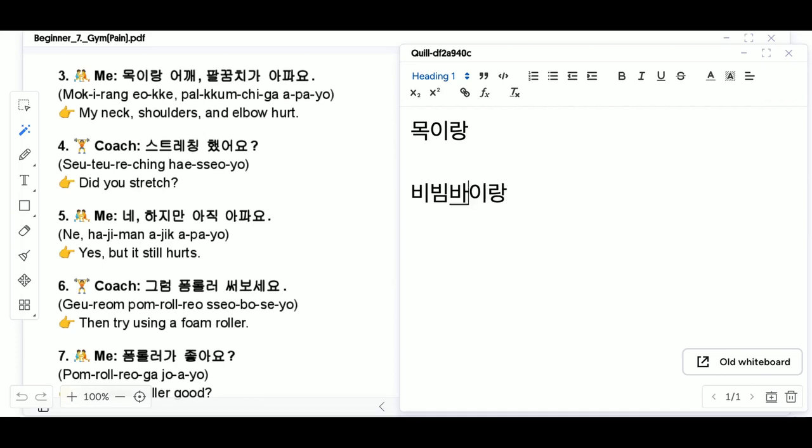But if it's a word like ice cream, then 아이스크림이랑 instead. Yeah, great. Okay, so 목이랑, 랑 we usually use for friends, like 친구랑.